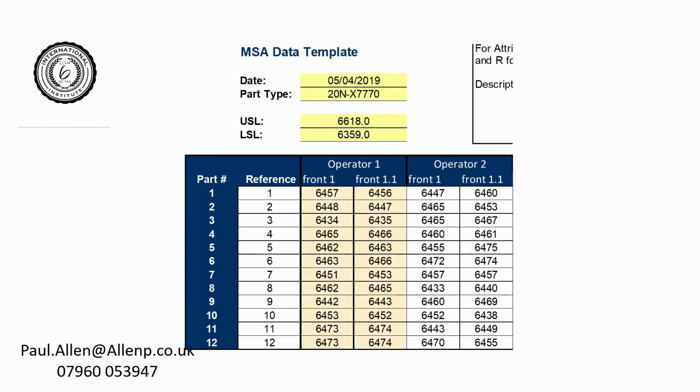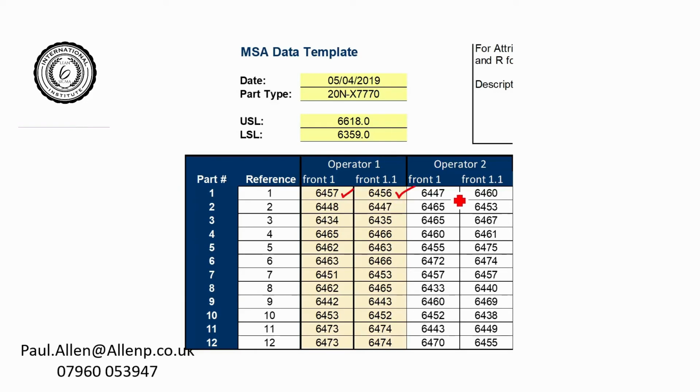So here we are, this is the MSA data template as it's set up in DOE Pro. You can see that we've got 2 operators and they've done two measurements each, which is great. The first thing that strikes me about looking at this MSA is I get the sense that this is the same revs per minute.